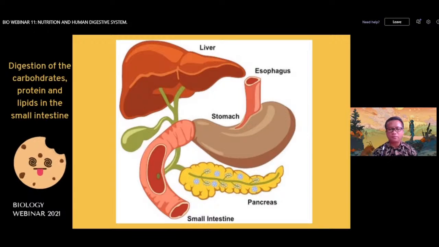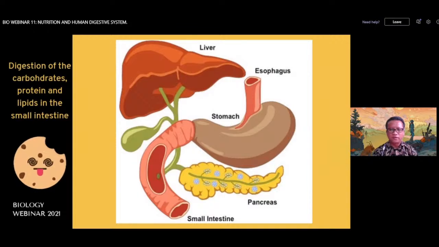Why don't we just leave it? By turning the lipid into tiny droplets, the lipid will have a higher surface area. So if we secrete the enzyme onto tiny droplets compared to the lipid itself, the reaction on the tiny droplets will be much faster. So that is the function of bile secreted by the liver.